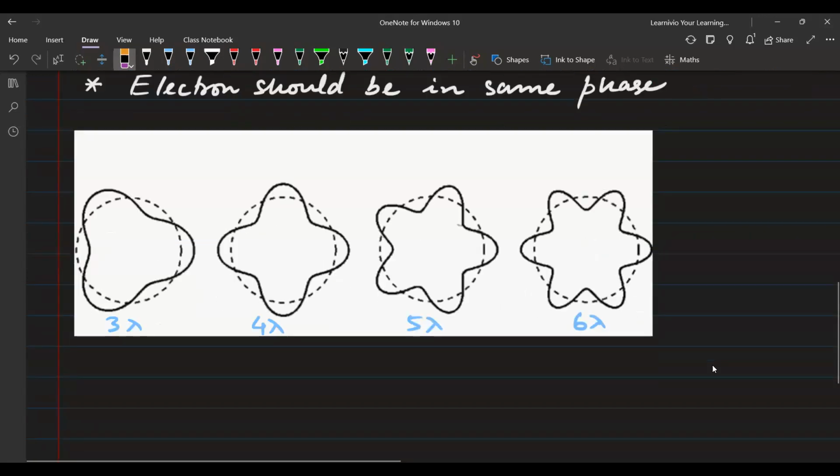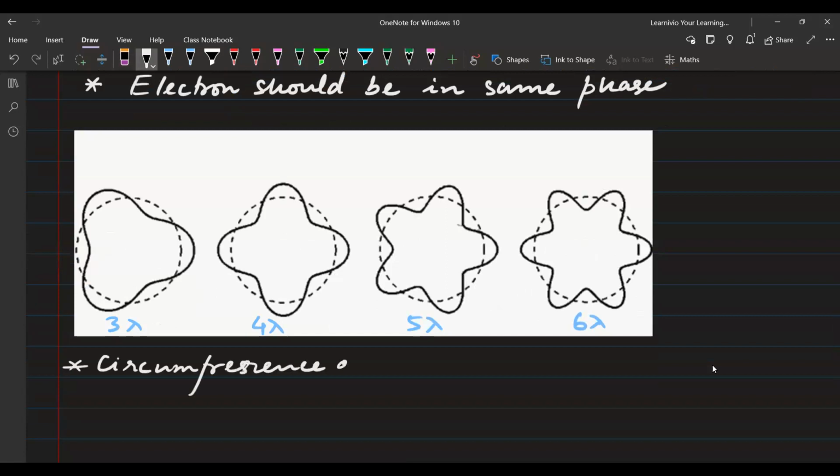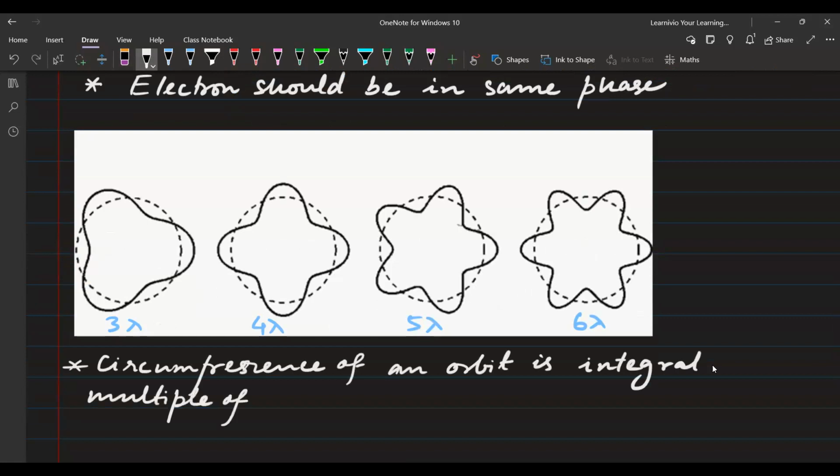So de Broglie said that circumference of an orbit is integral multiple of lambda. अब ध्यान से देखिए.